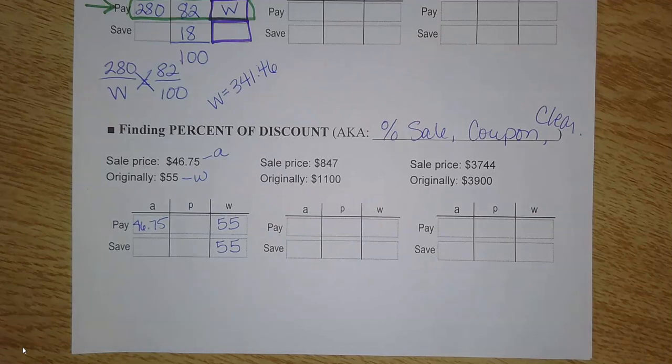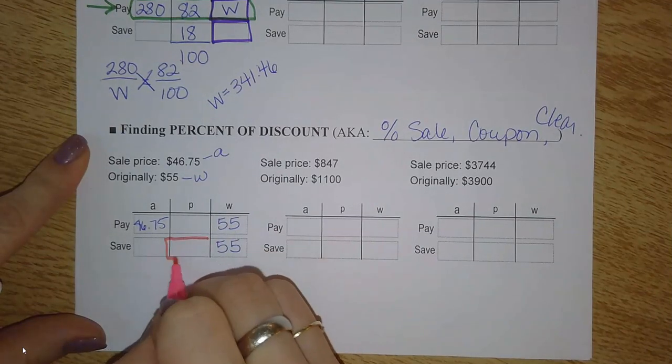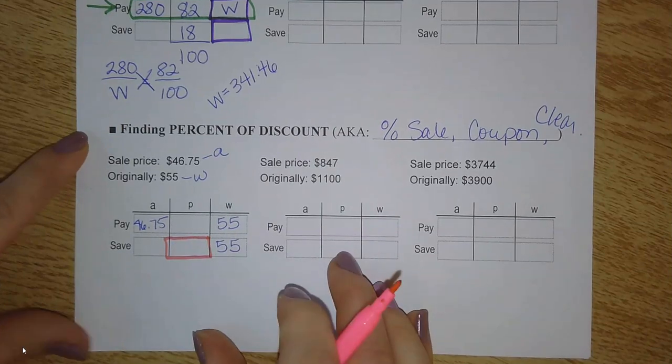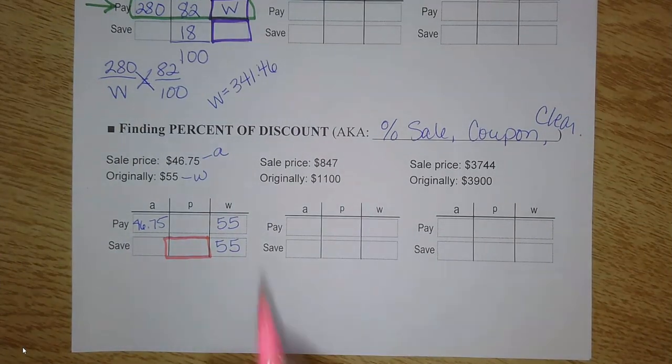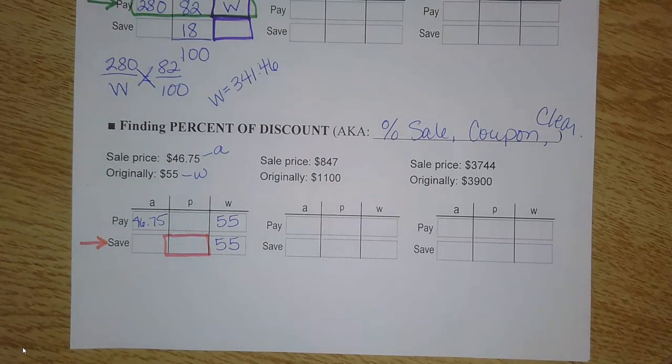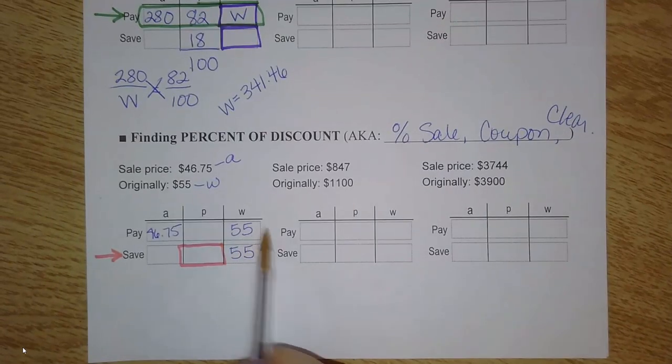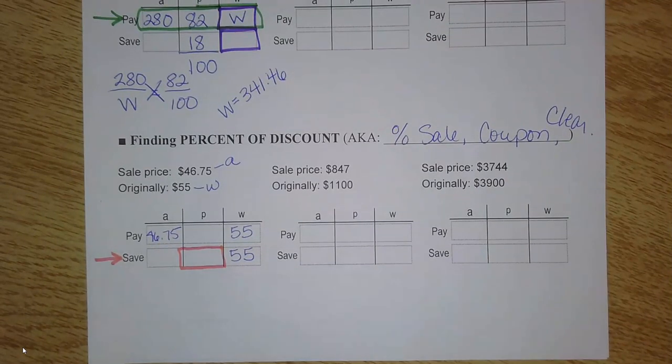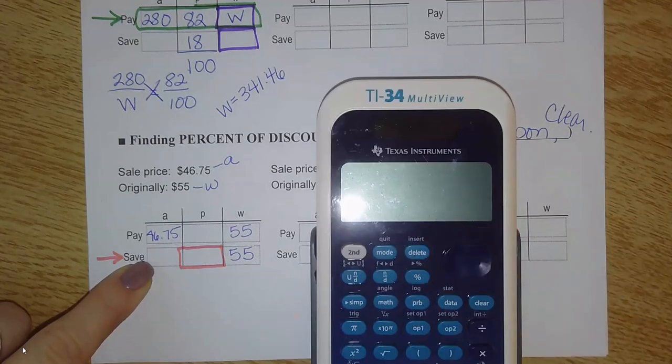Okay, well, they're looking for this, right? The percent of the discount is this box. Well, the only way to get that is to use this pink one. Do I have enough information to set up the pink one? Well, if I know the full price and I know how much I paid, I could subtract those to figure out how much I saved.